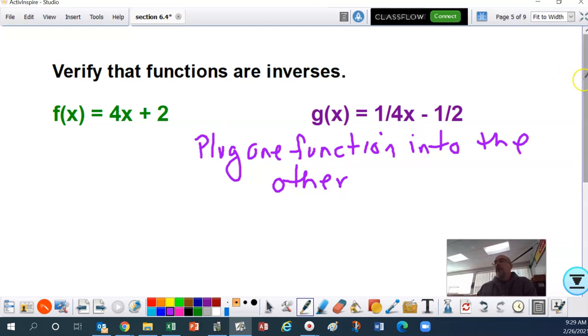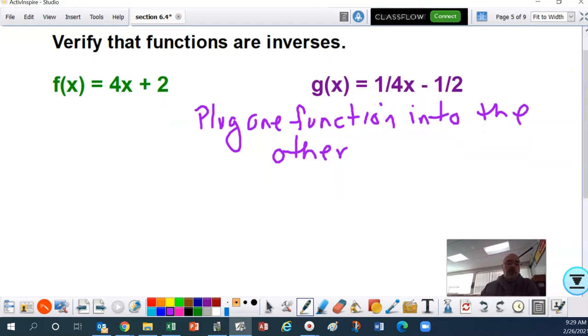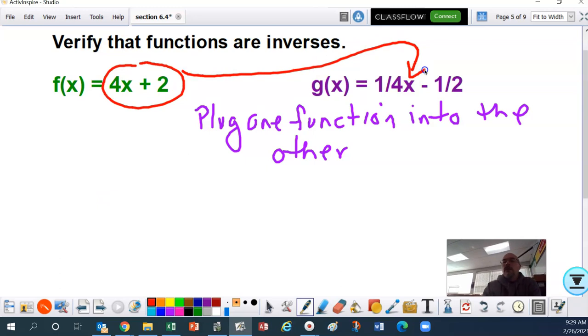So it doesn't matter which one you do. So what I'm going to do, ladies and gentlemen, is I'm going to take the 4x plus 2 and I'm going to plug it in to the x. All right. So I'm going to go ahead and let me write this out first.